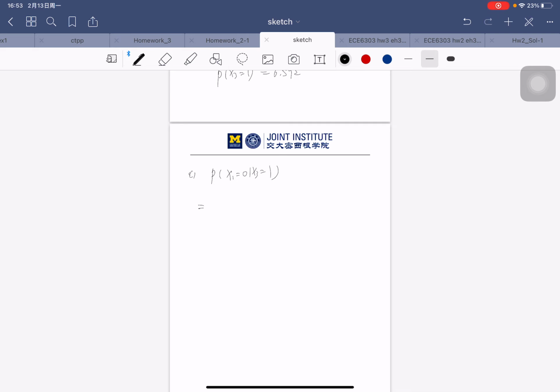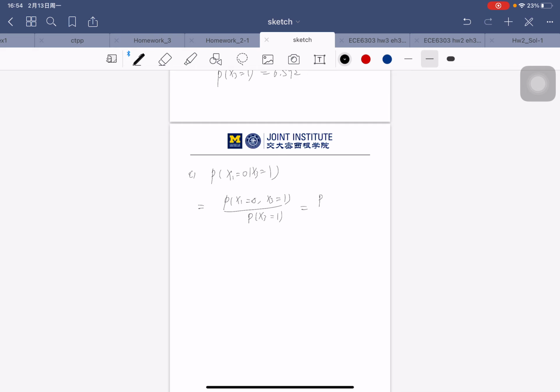First, we will use the conditional probability function, and it becomes the probability of x1 equals 0 and x3 equals 1, divided by the probability of x3 equals 1.